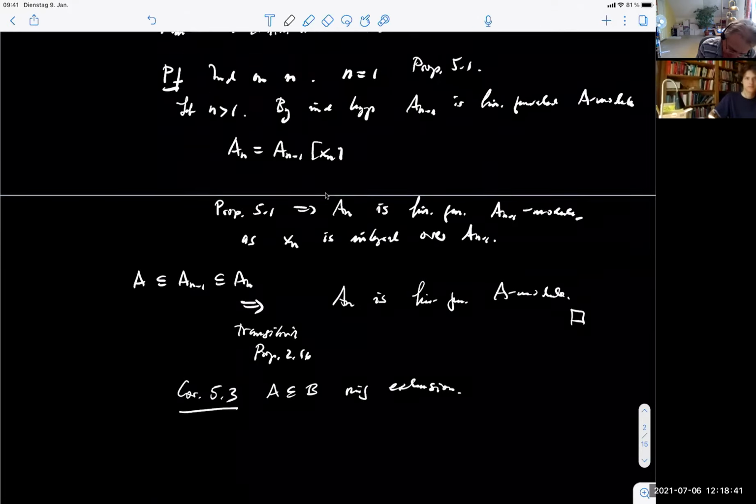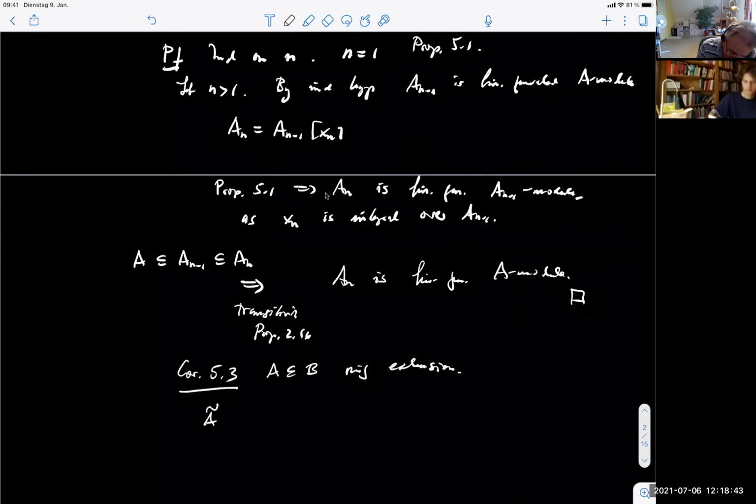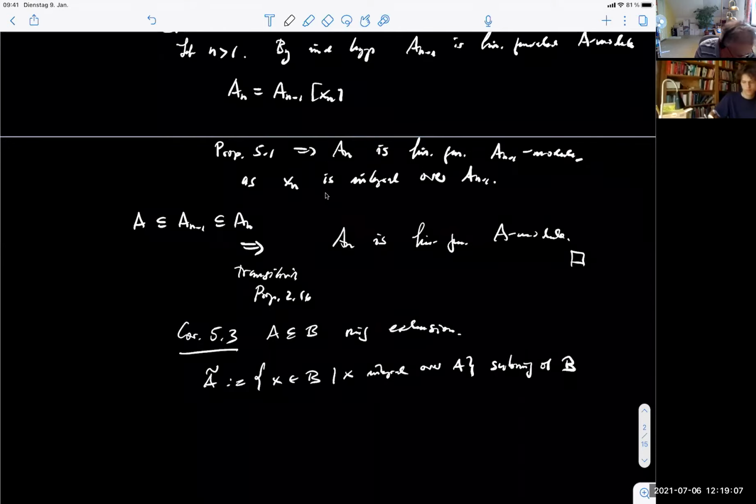Then I look at the set A twiddle consisting of the elements of the bigger ring B that are integral over A. The statement is that this is a subring of B, containing A, of course.